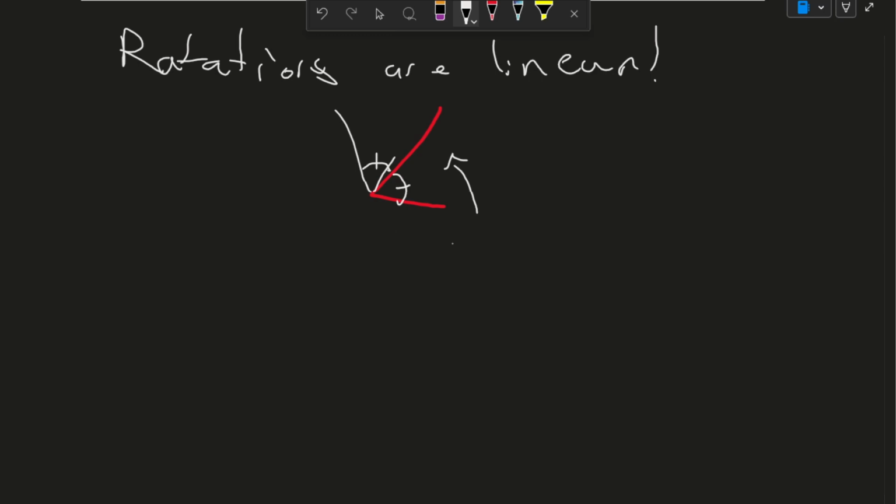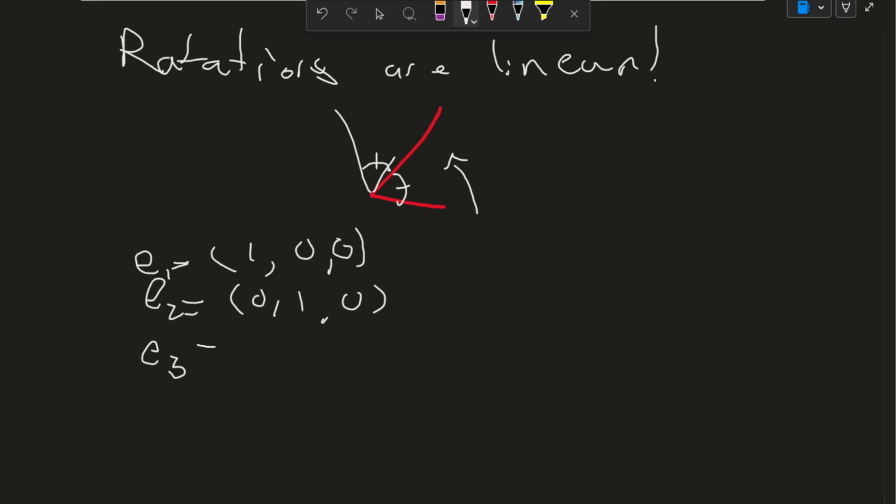These angles should be the same if I rotate the object. Now in 3 dimensions, we still want this property, right? So we want a linear transformation that has this angle preserving property. Now, as I've mentioned, linear transformations are uniquely defined by their value on this standard basis, which in 3 dimensions is going to be this basis here.